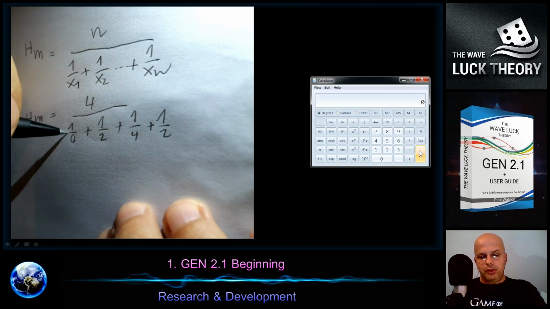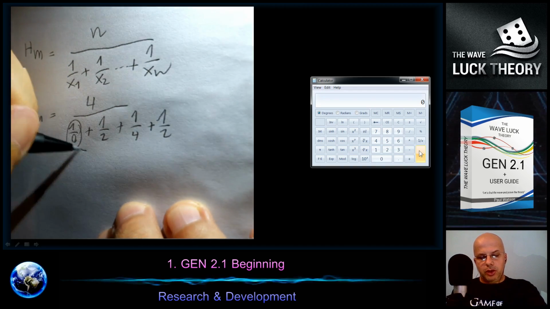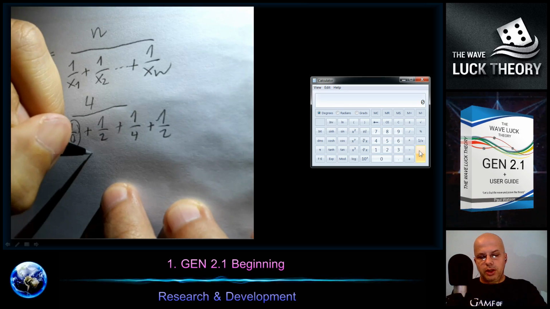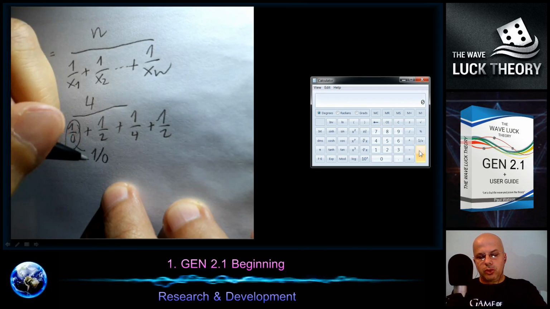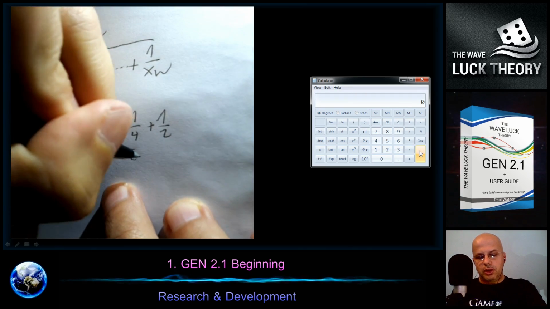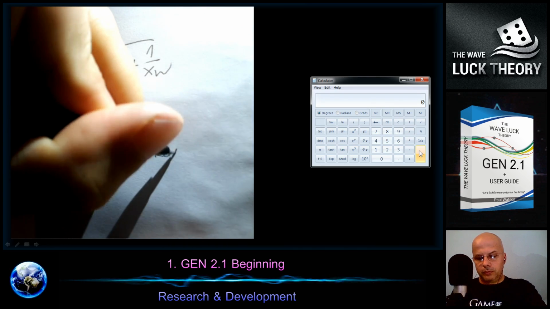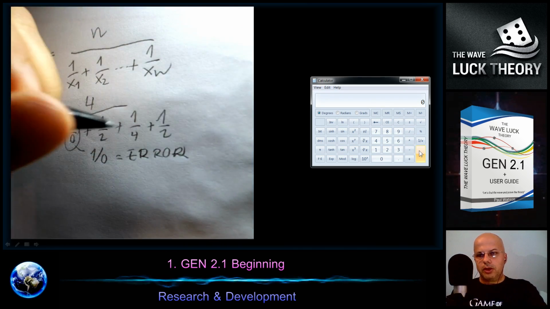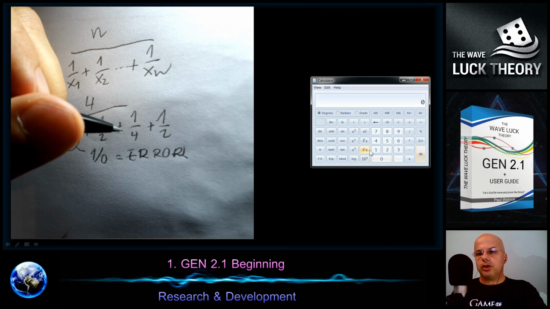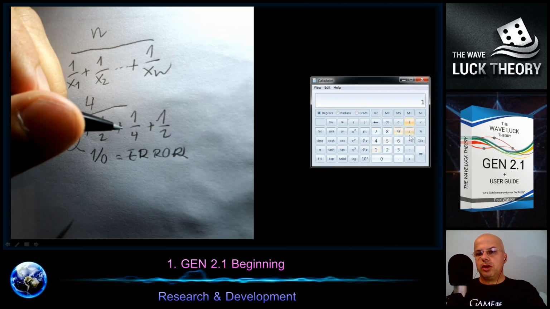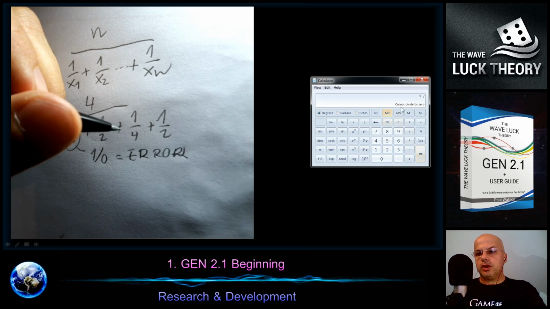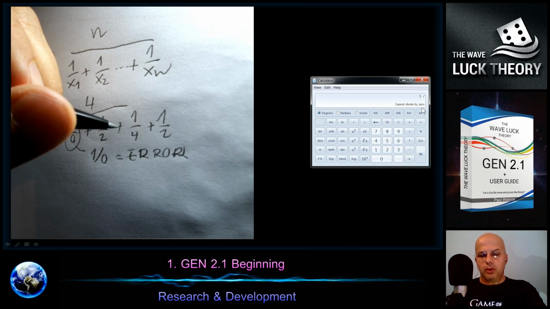And the problem here is that we cannot divide by 0. It is an error. I can also show it on the calculator: 1 divided by 0, cannot divide by 0.